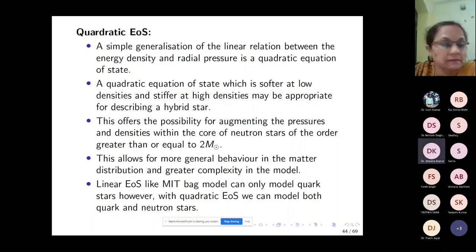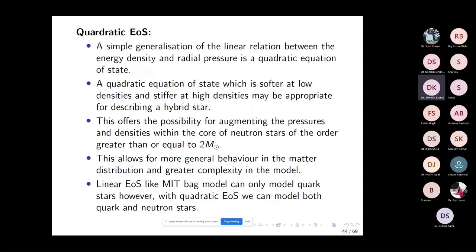A linear equation of state, like the MIT bag model, can only model quark stars, whereas with the quadratic equation of state we can model both quark and neutron stars. Hence, the solutions obtained using the quadratic equation of state have more advantage in the modeling of compact stars. That's why some researchers generalize the equation of state in the quadratic form, that is PR equal to alpha rho square plus beta rho minus gamma.